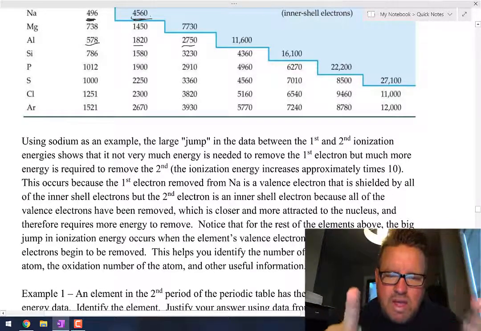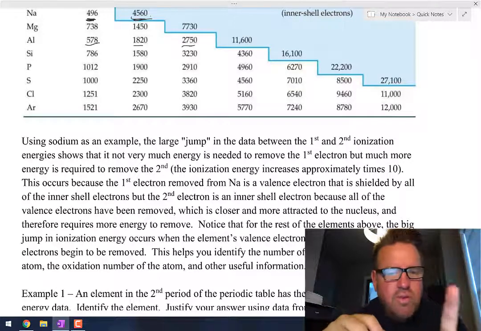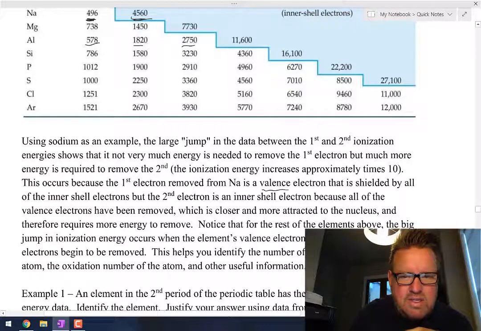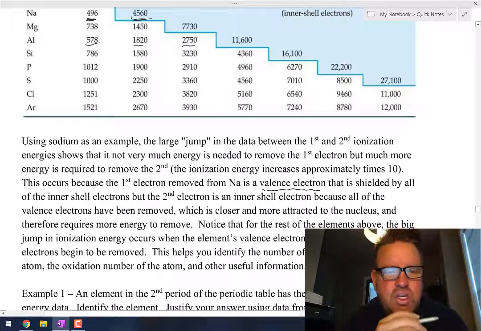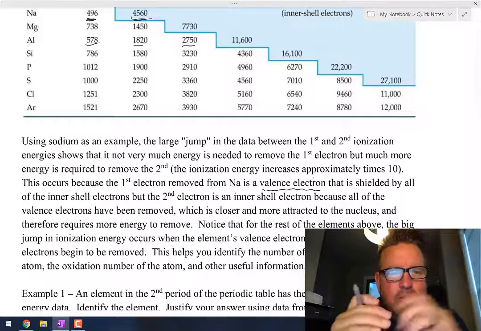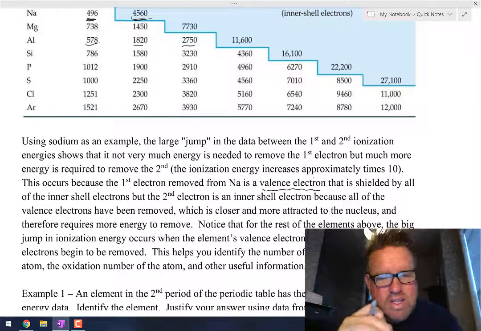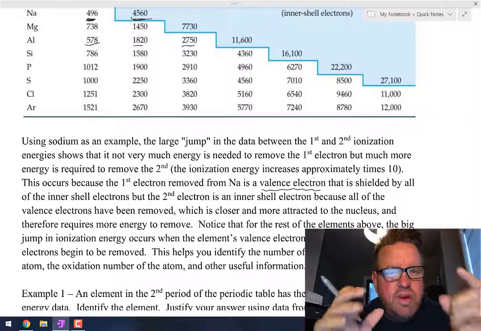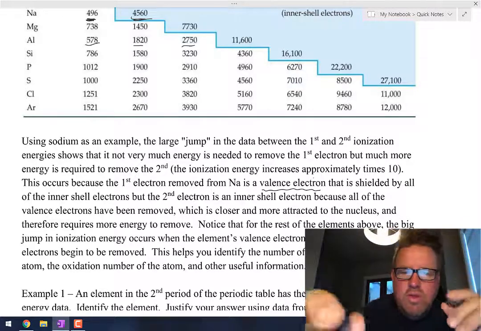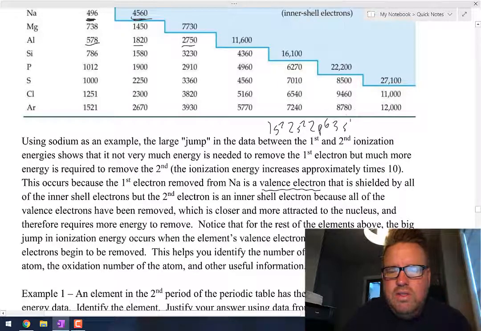And this is how you're going to explain it on the test: the first electron removed from sodium is a valence electron, and it's shielded by all of those inner shell, those core electrons. Since sodium only has one valence electron, once you remove it, the next electron to be removed, remember sodium is 1s2, 2s2, 2p6, 3s1, is one of those 2p electrons. So once you take that electron away, it's gone.